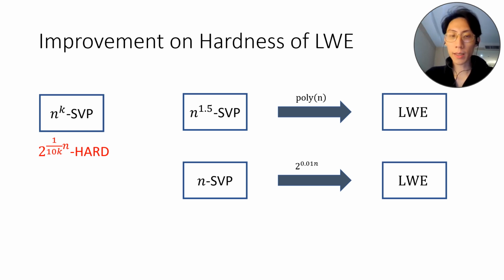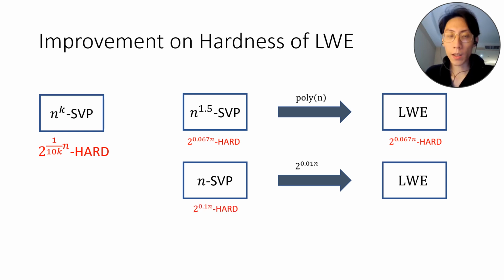Now let's try to plug in the numbers. When we plug in k equals 1.5, we know that this problem n to the 1.5 SVP is 2 to the 0.067 n time hard. Now with the polynomial time reduction, we obtain the conclusion that learning with error is also 2 to the 0.067 n hard.